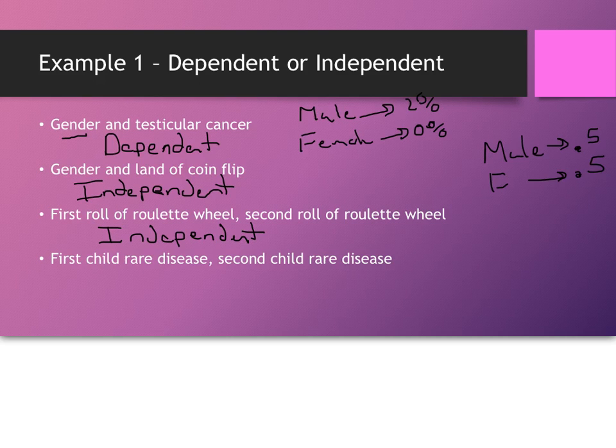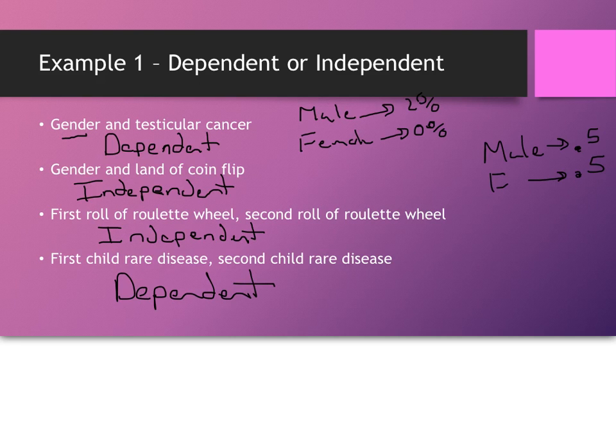Now, if you have children, if your first child has some rare disease, your second child may or may not have that rare disease, but the probability of them having that rare disease is definitely dependent.